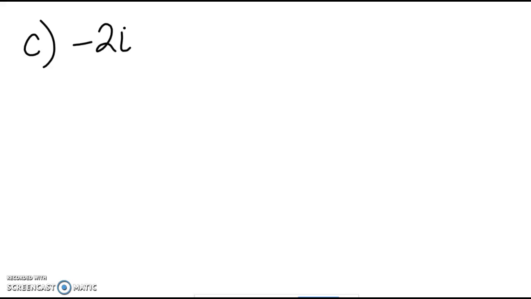Okay, now we want to square a -2i. That's what that looks like. We're going to square each factor individually. We could separate the -1 times the 2, or we can just put the -2 together and square that.